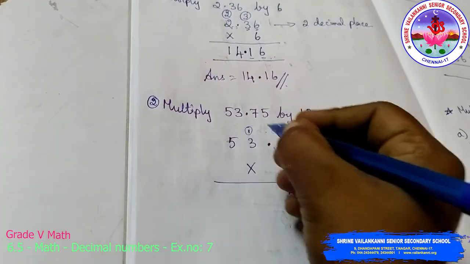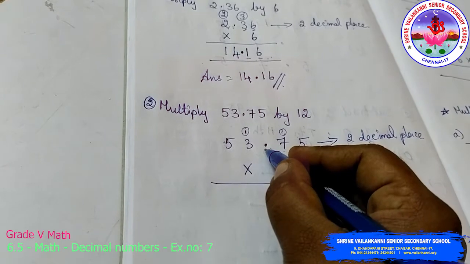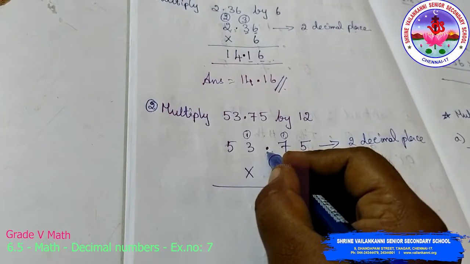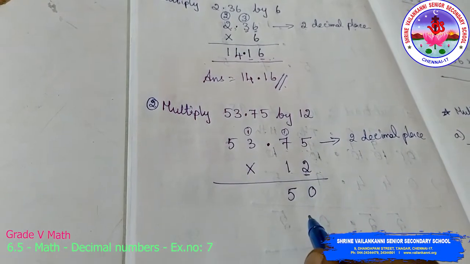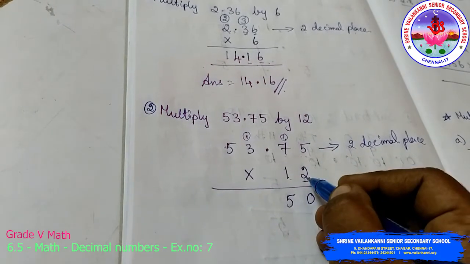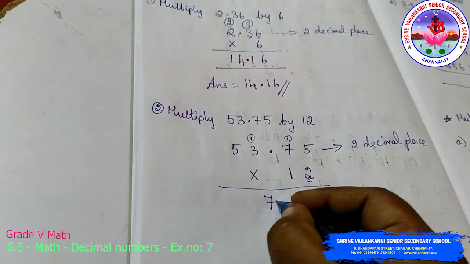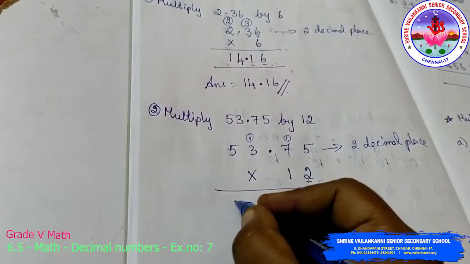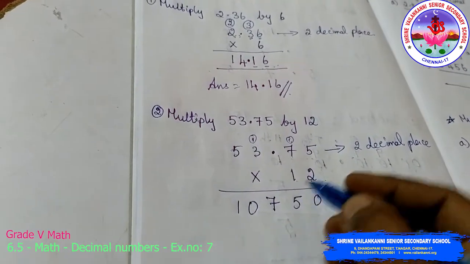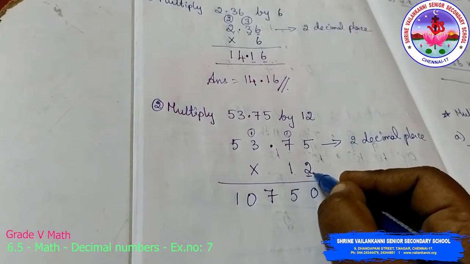1 here. So while multiplying, don't consider this decimal. Just forget about this decimal. As usual, how you used to do multiplication, do like that itself. Now 2 threes are 6. 6 plus 1, 7. 2 fives are 10. Now the 1's place multiplication is over.